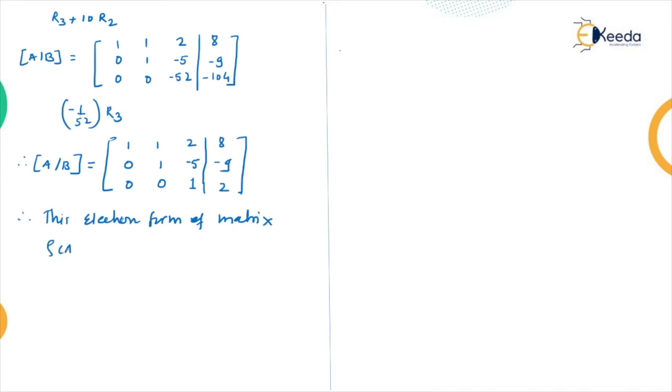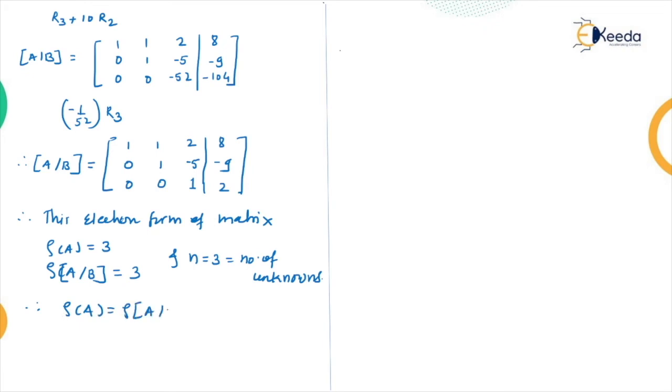Therefore rank of matrix A is equal to the number of non-zero rows, which is 3, and rank of the augmented matrix A combination of B is also 3, and the number of unknowns n is equal to 3, that is x1, x2, x3. So rank of matrix A is equal to rank of augmented matrix AB, which is equal to the number of unknowns, that is 3.